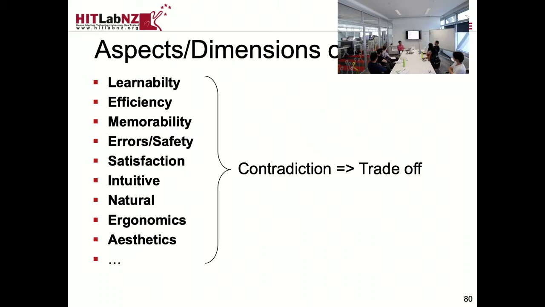But the interesting thing is that all these factors sometimes contradict each other. If I make something look like a very nice product, but somehow it makes it very hard to run or use in a natural way, then what is this device? So there is a trade-off topic.